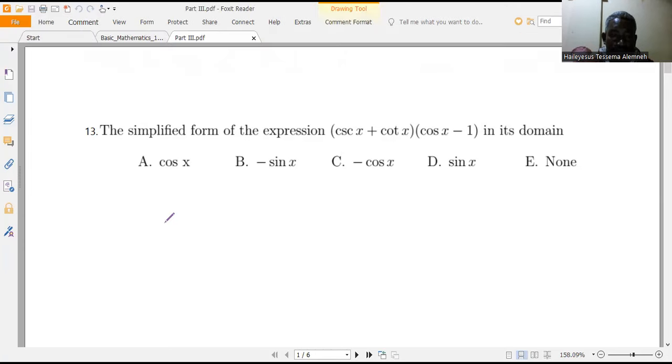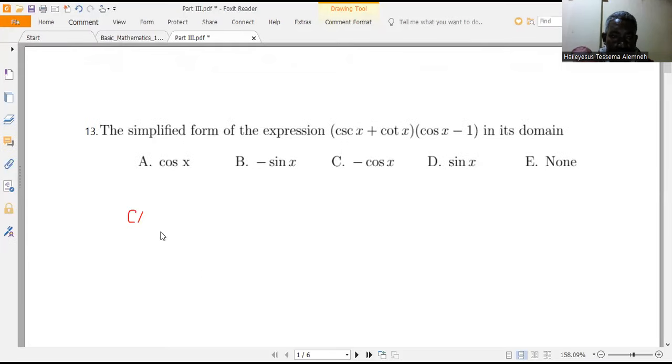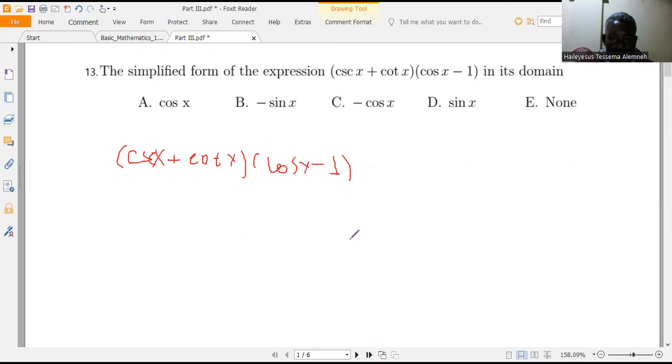So let's simplify it. Cosec x plus cot x times cos x minus 1, the simplified form of this one.